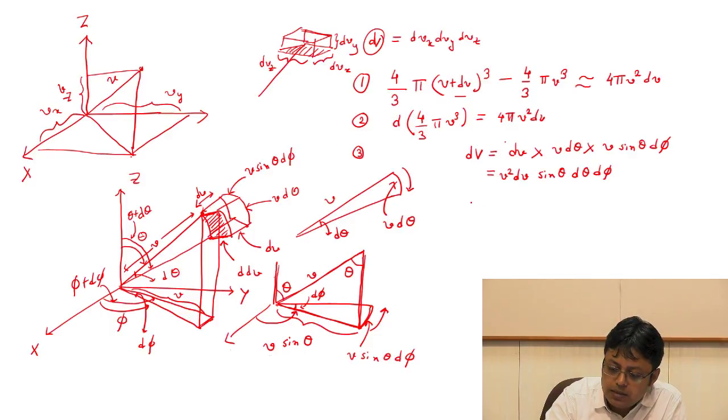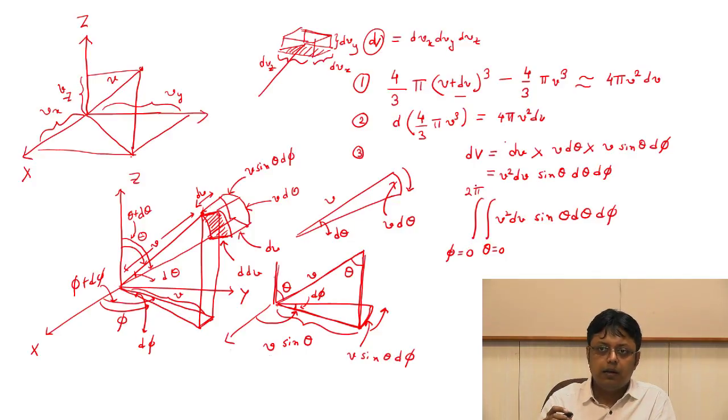Now what it means is that the volume will be nothing but the integration over changing theta from 0 to something, phi from 0 to something. Now phi integration is always 0 to 2 pi.